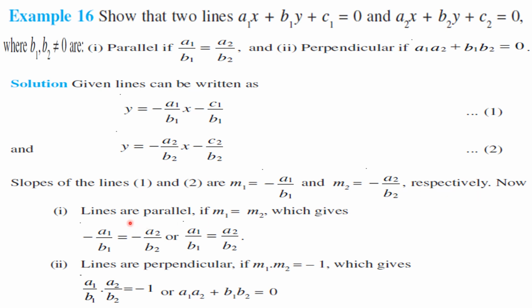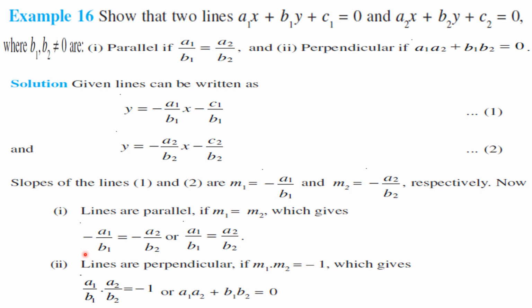Now two lines are parallel. Do you remember the condition of parallelism and perpendicularity of two lines, my children? We use that concept here. Yes, if two lines are parallel, then their slopes are equal. That is m1 is equal to m2. Yes or no, my children? Which gives, what is m1 here?